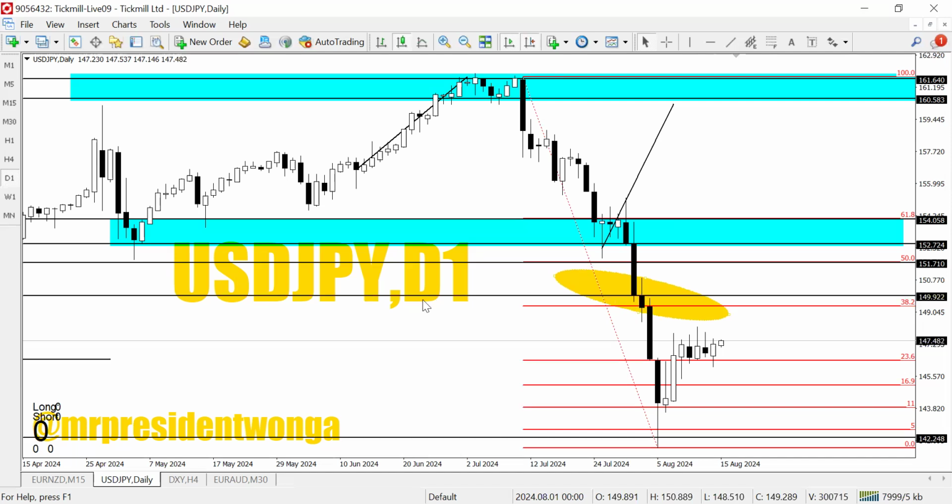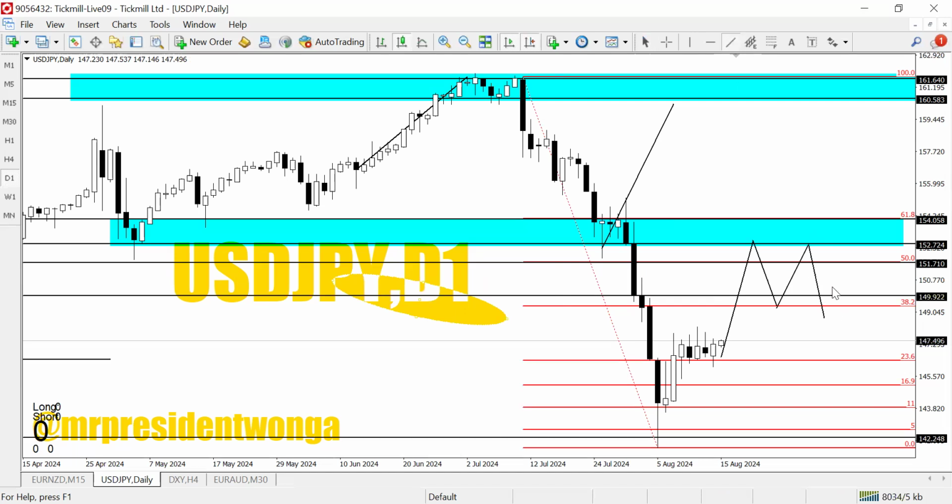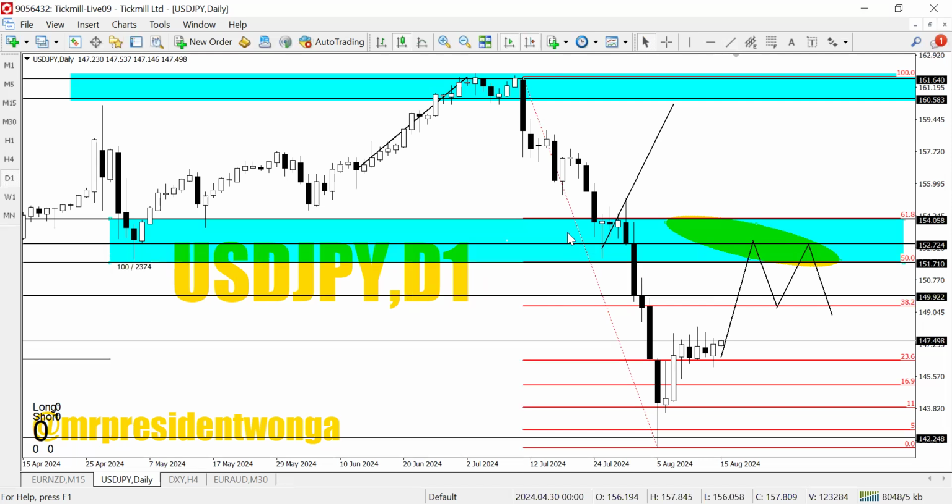Okay, so chances are this can happen. You can see I'm drawing my M or my double top between the 50 and the 61 level, in terms of the Fibonacci. And then the price comes back to this area.